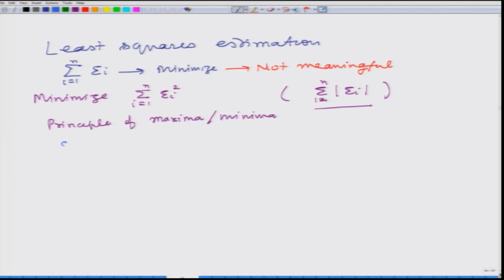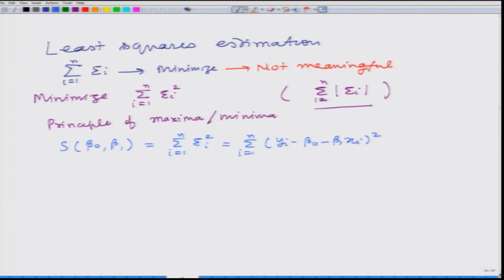So, let me write the summation of epsilon i square as a function of beta 0 and beta 1, S, equal to summation i goes from 1 to n epsilon i square. This can also be written as summation i goes from 1 to n, y i minus beta 0 minus beta 1 x i, whole square.